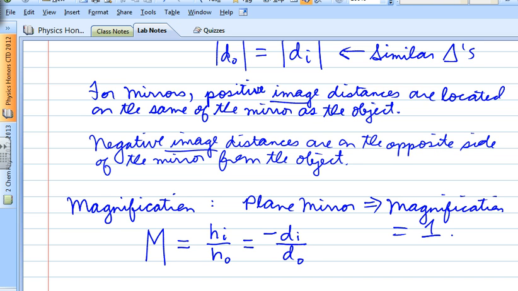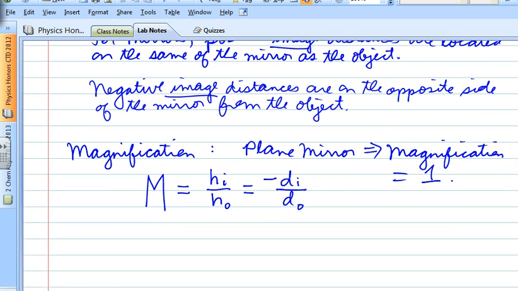And so this will make sense because, first of all, if magnification is positive, that means that the image is upright, or right side up. If the magnification is negative, then we're talking about upside down or inverted.